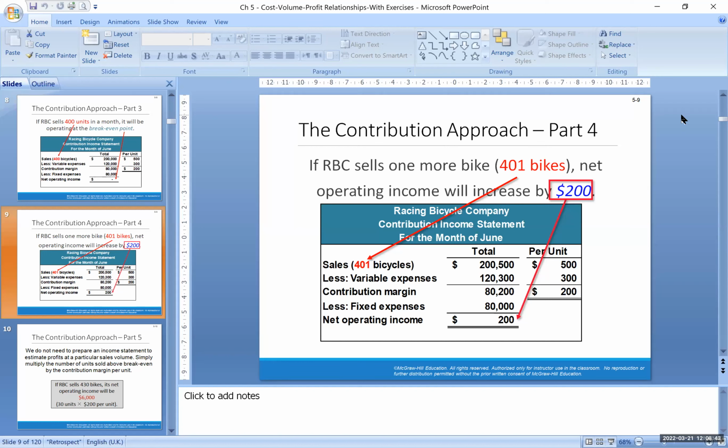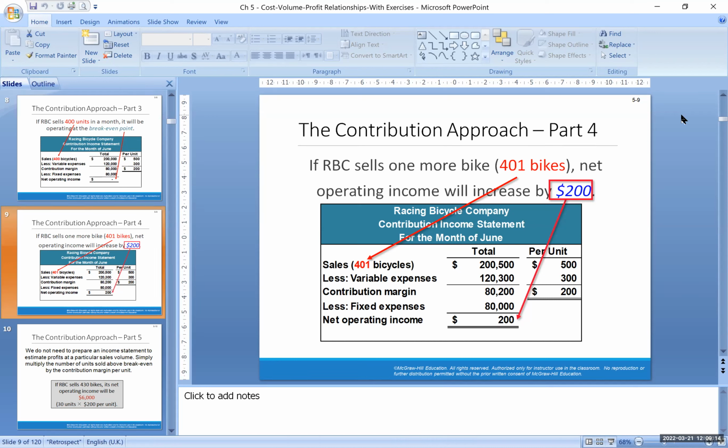The answer will be 120,300, which is simply 401 units times $300 variable cost per unit. The difference between the sales and the total variable expenses represents the contribution margin.